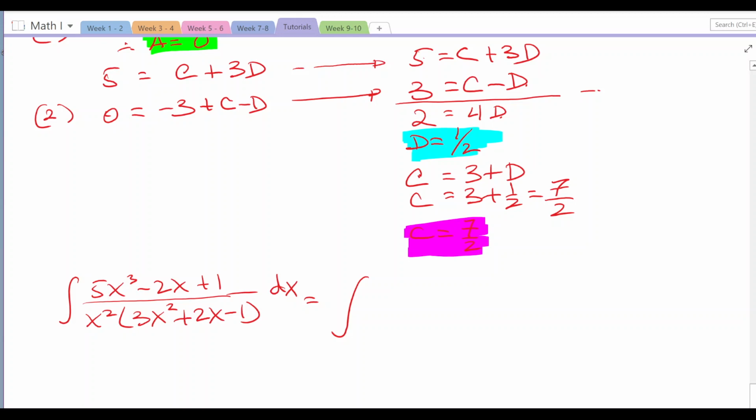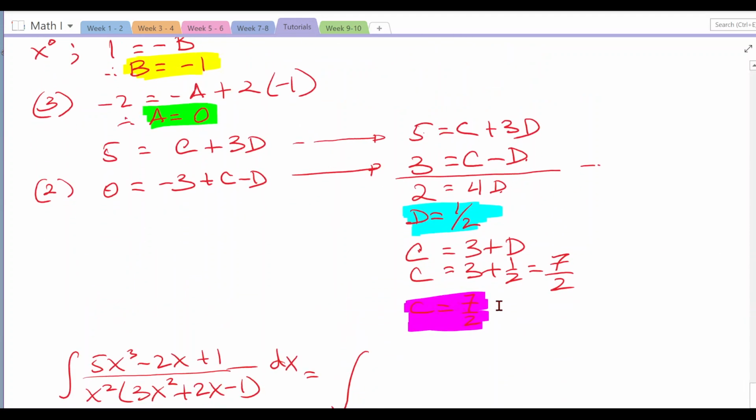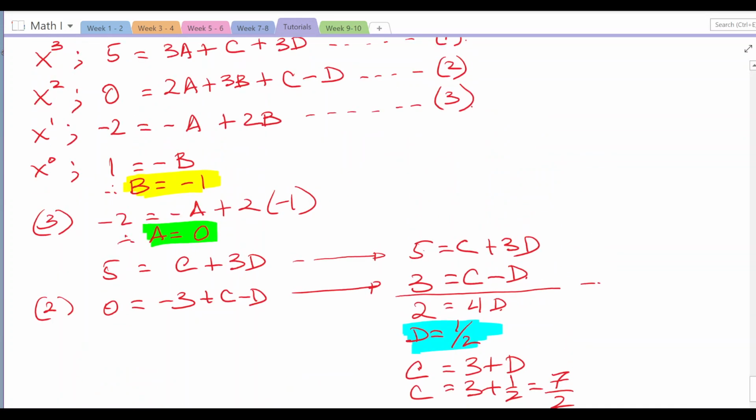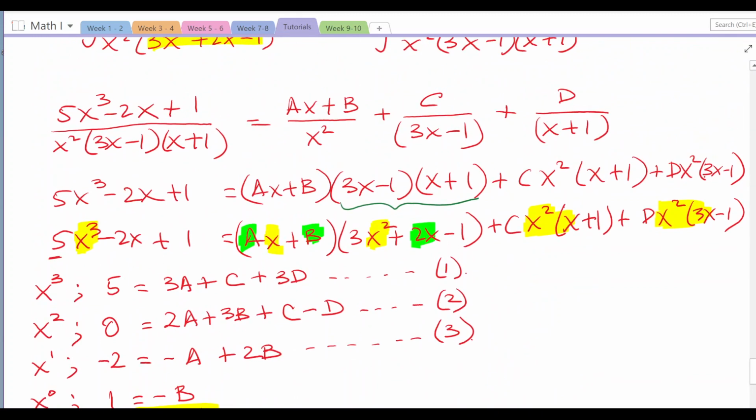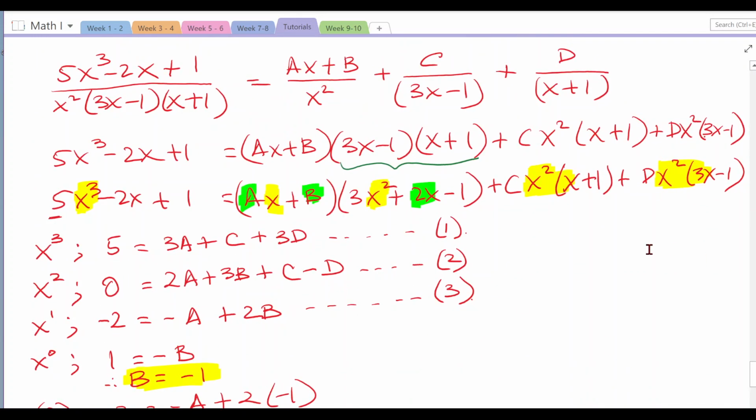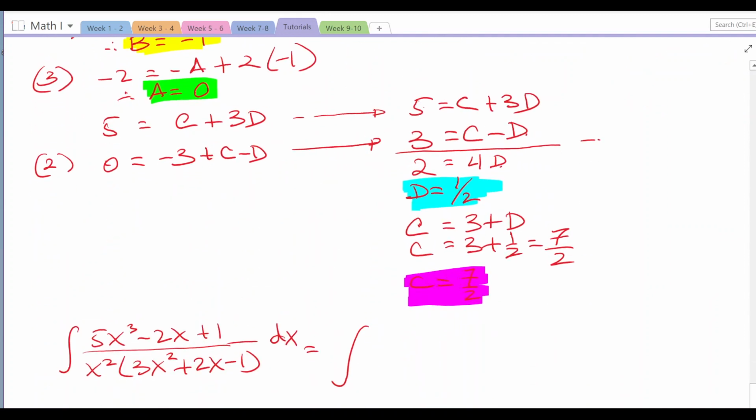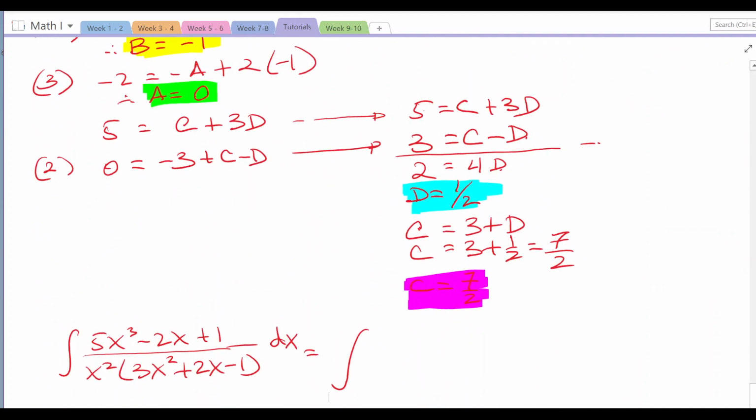after partial fraction decomposition, we have b equals negative 1, so negative 1 over x squared. The first term is negative 1 over x squared, or let me just put the negative sign here, 1 over x squared dx.